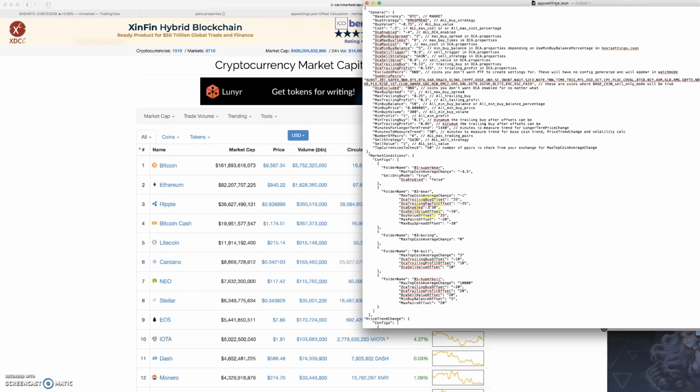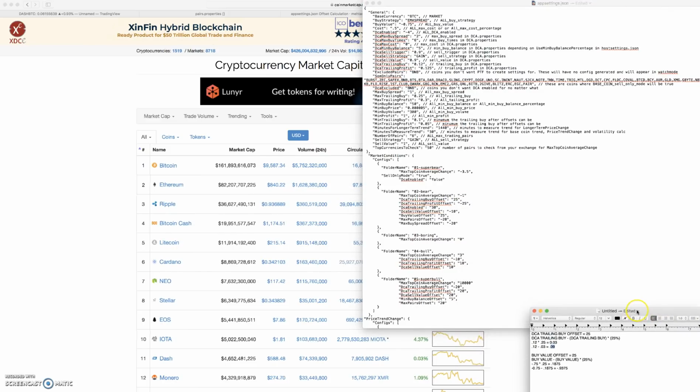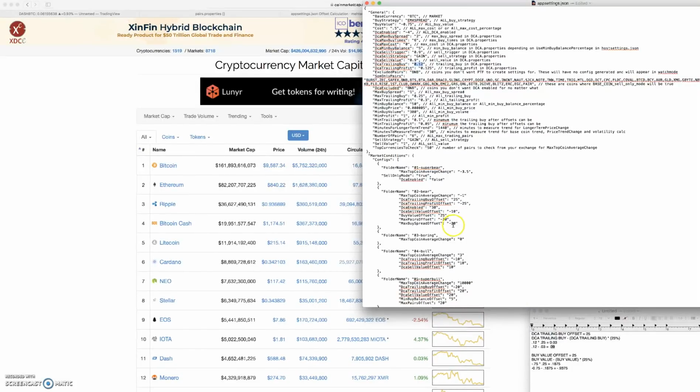So let me go over a couple of these. So my DCA, I made a little cheat sheet here. My DCA trailing buy offset is at 25%. My DCA trailing buy up here is at 0.12. So basically my DCA trailing buy is looking for 0.12. Now, in a bear market, I wanted this to be smaller because things tend to rise slower in a bear market.